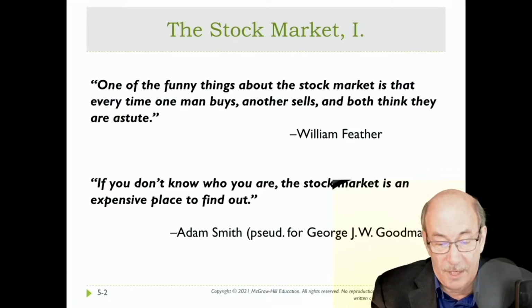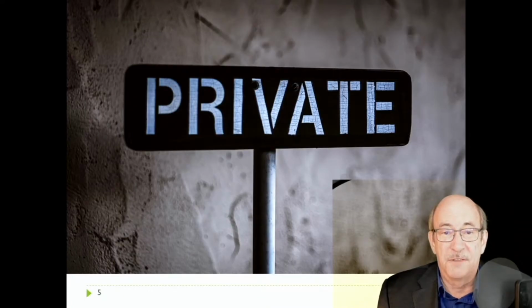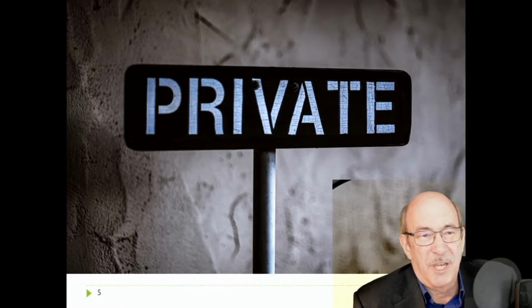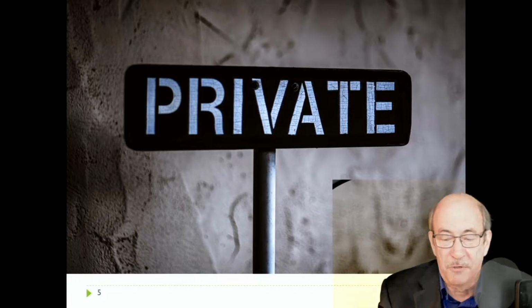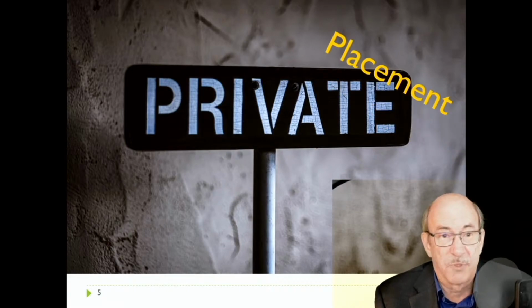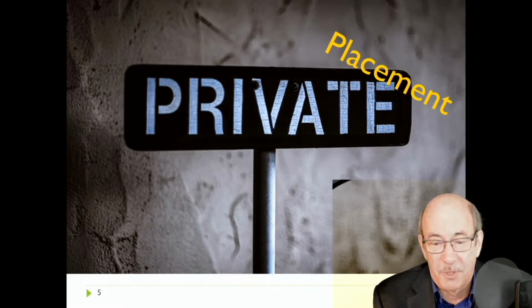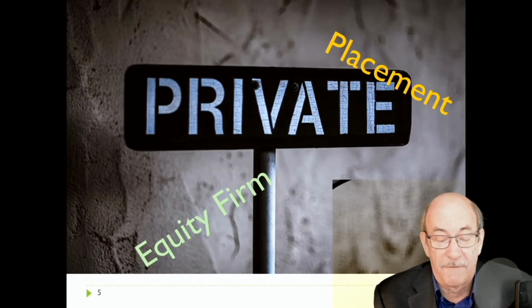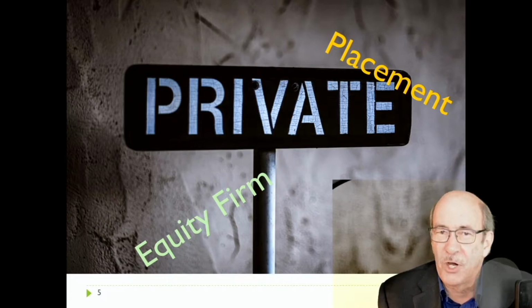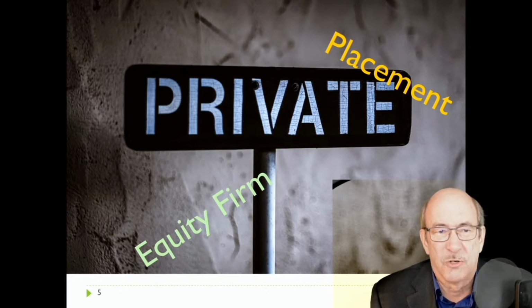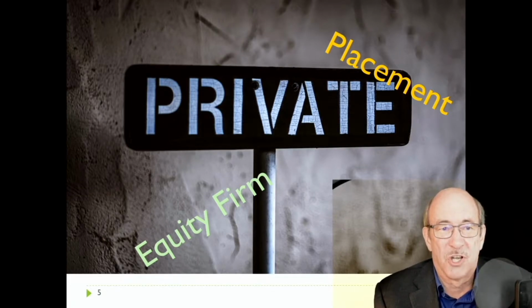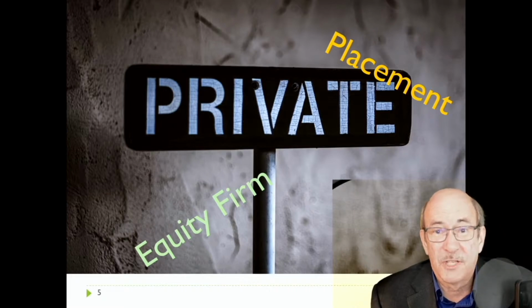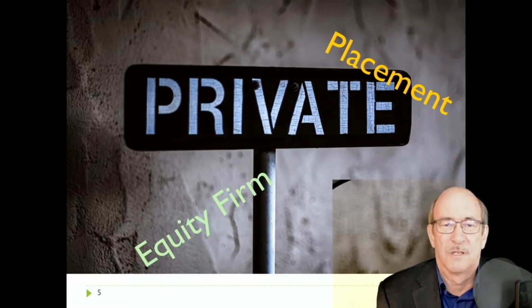All right, they start off the chapter, and they've mixed a couple of things together here that I want to try to help clarify for you. They talk about two types of private placements, and then they talk about private equity firms. Those two things are very different animals. I'm not sure why they decided to start the chapter discussion off talking about those two things, because that's not really the stock market.